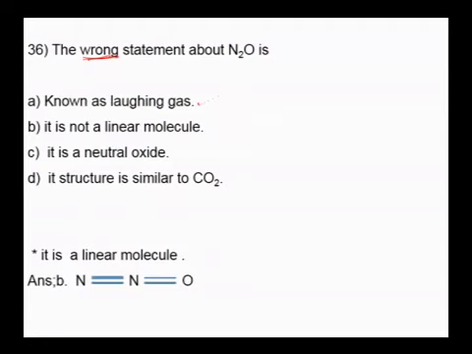The last one says its structure is similar to CO2. The CO2 structure is written like this, O double bond C double bond O. Similarly, N2O is written like this. Hence, the wrong statement here is that it is not a linear molecule; it is a linear molecule.